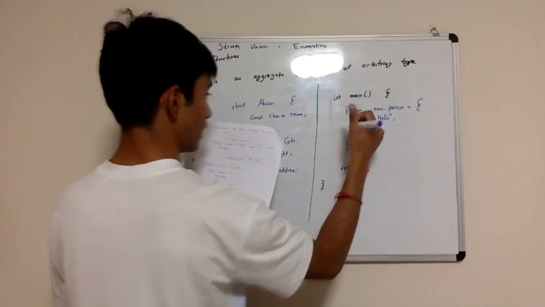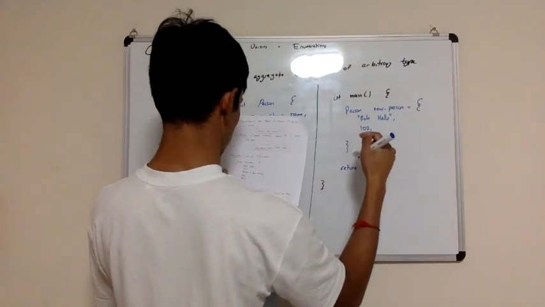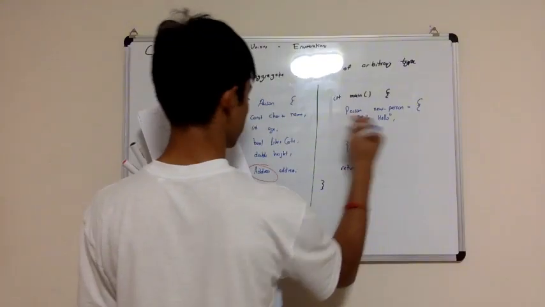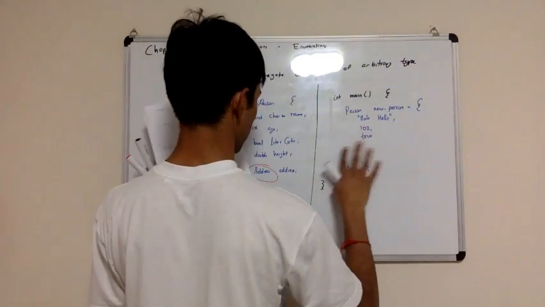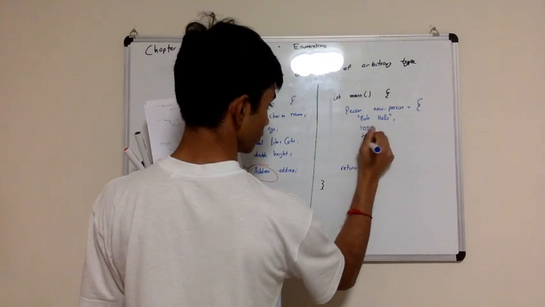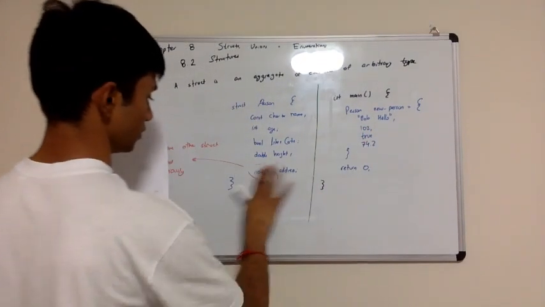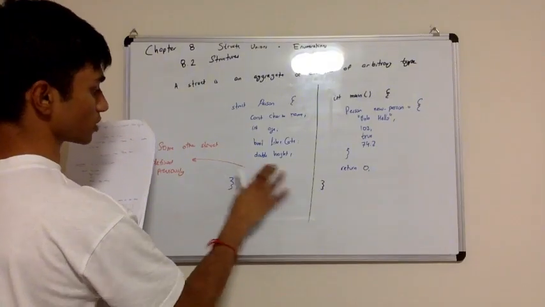Give a name, we can give an age, like I've written 102, which is a bit silly, but we can put true for likes cats, and we can give a double like 74.2. I'm not going to bother with the address. Just pretend the address isn't there right now. This was just to explain that you could put structs in there.